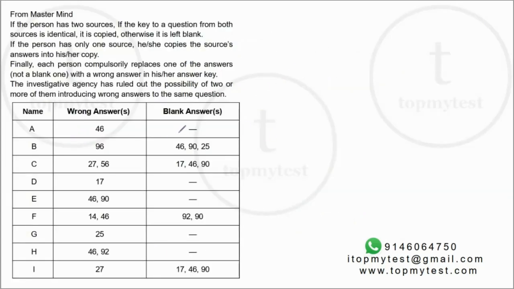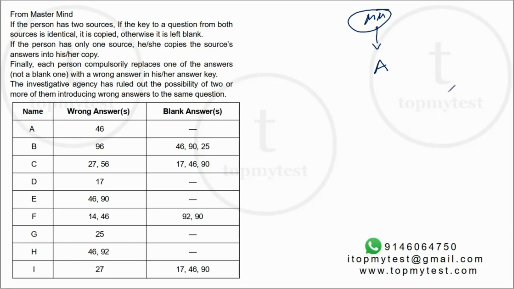So now, if you look at A, he has only one wrong answer and no blanks, which means A got it from only one source. Given that he has only one wrong answer, A would have gotten it directly from the mastermind.